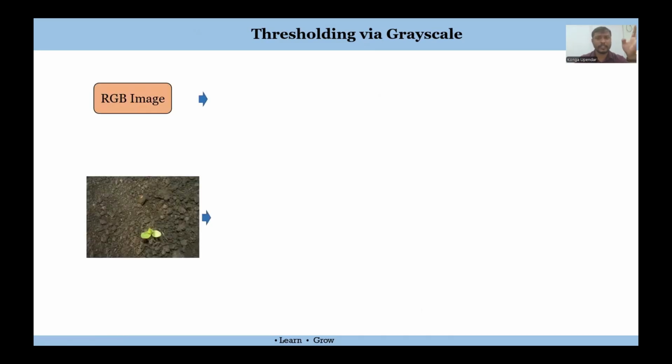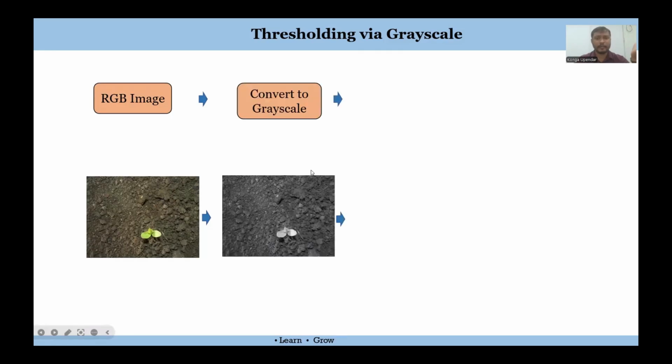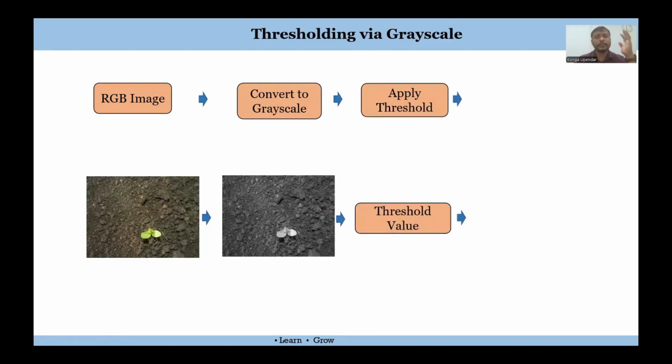Now we'll see thresholding via grayscale image. You know that in part one we discussed what is meant by grayscale image, color image, and binary image or binary mask. A grayscale image is a single channel image. So we convert the RGB image into a grayscale image and apply the threshold on it.